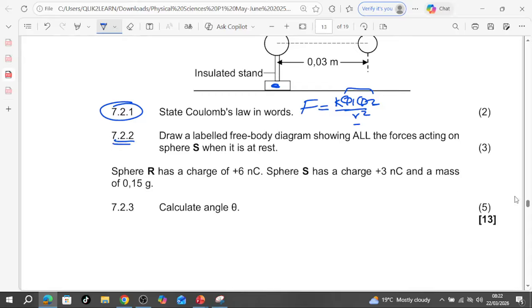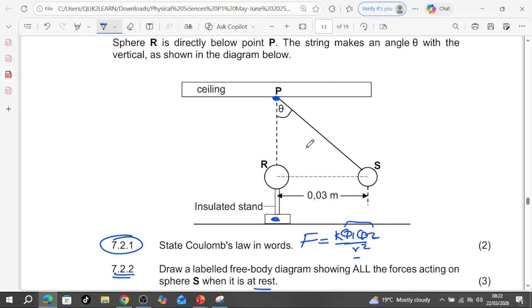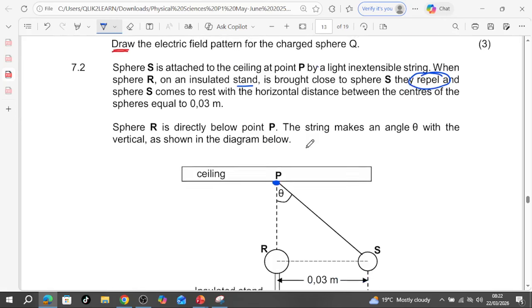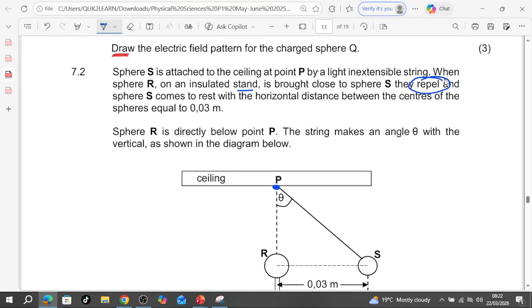Let's see what we have on 7.2. They say draw a labeled free body diagram showing all the forces acting on sphere S when it is at rest. So this sphere S is not moving, it's at rest. Now if we go back to the repelling, these two spheres repel.